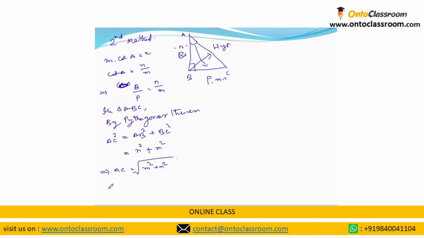Now what do you need from this? You need sin A. Sin A means perpendicular divided by hypotenuse.